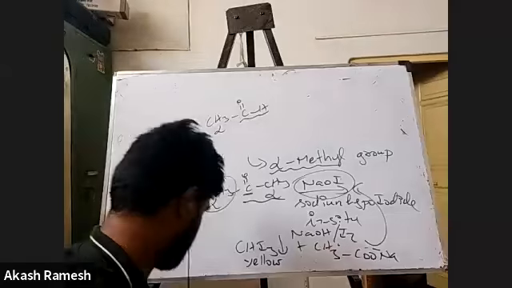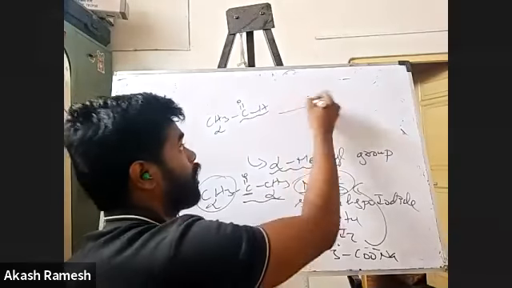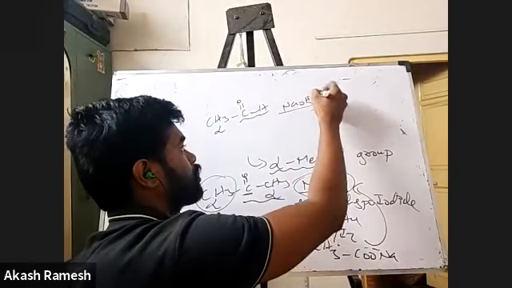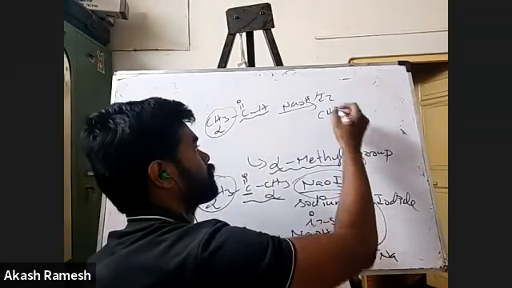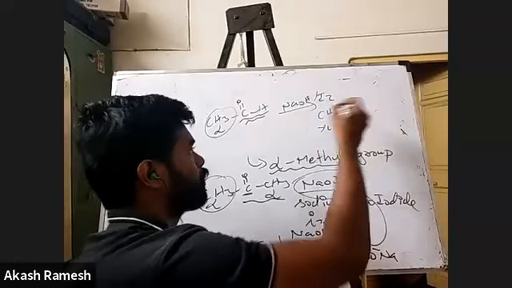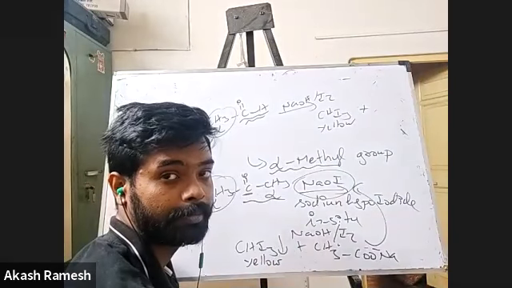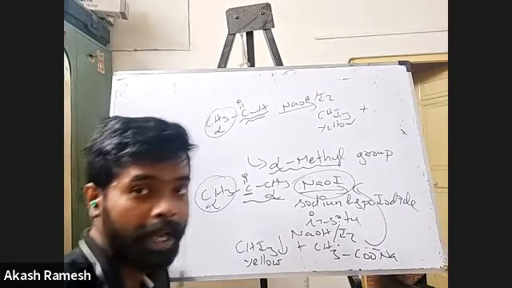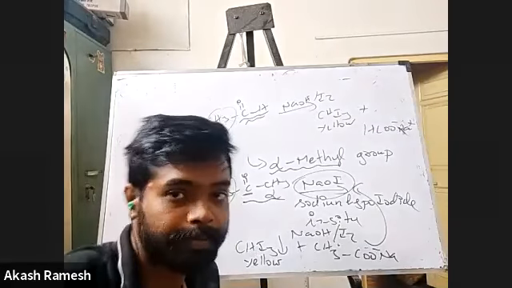If I put NaOI or NaOH in the presence of I2, this will form CHI3, which will be yellow in color, and it is going to form the acid. Can you tell me what acid is going to form? Formic acid, HCOO-Na+. That would have been the acid form.